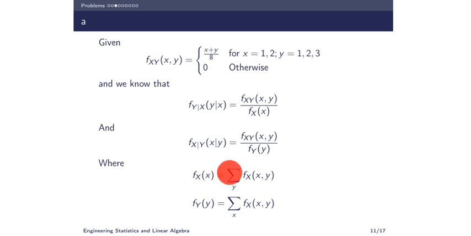If you add over the x's, 1 and 2, you won't get a function of x. So y takes 1, y takes 2, y takes 3, but x remains as such. Whatever you get is f_X(x). Similarly, f_Y(y) will be the summation of f(x, y) taking x as the variable, so that the function remains a function of y itself.